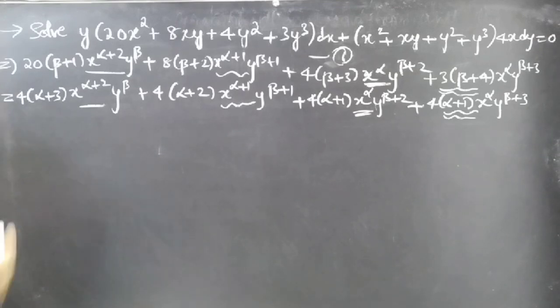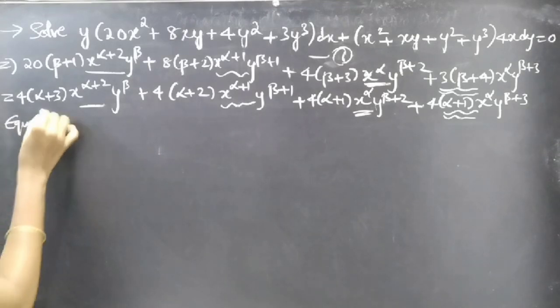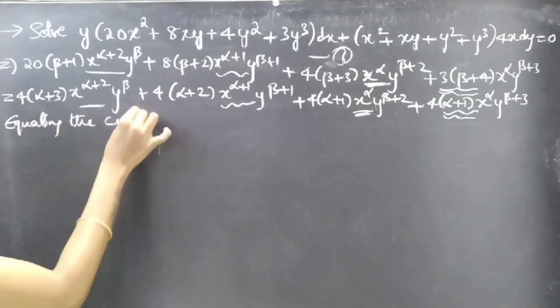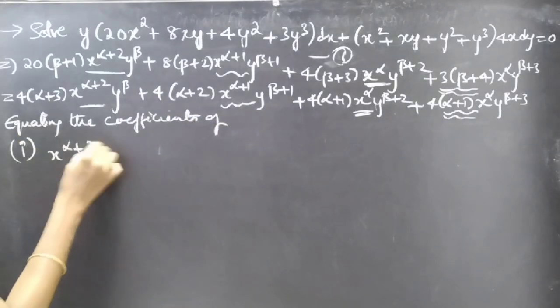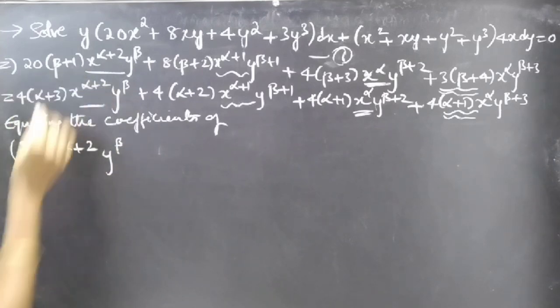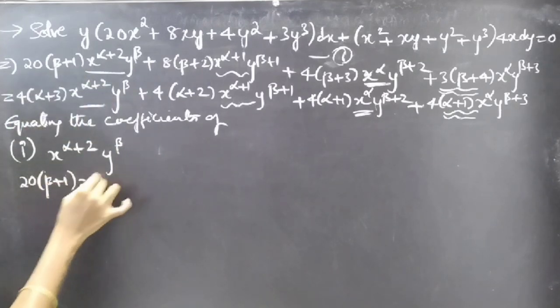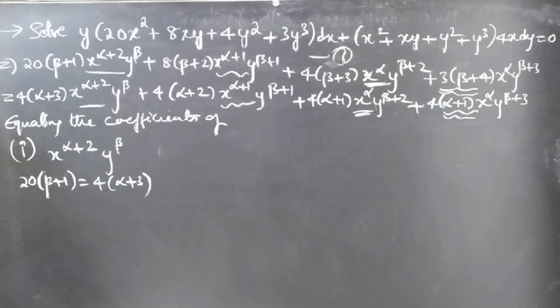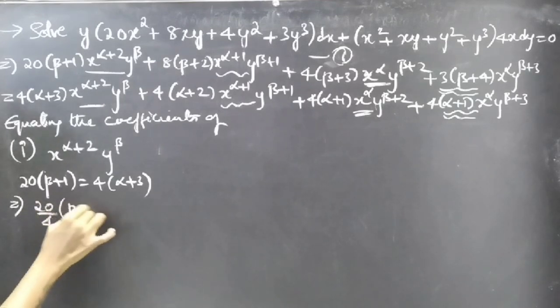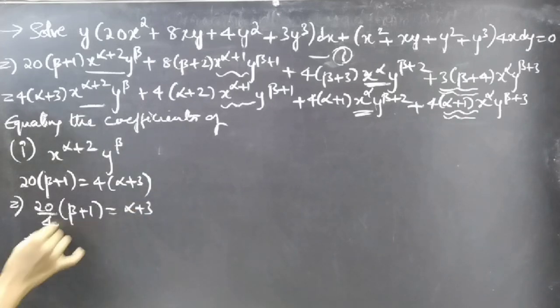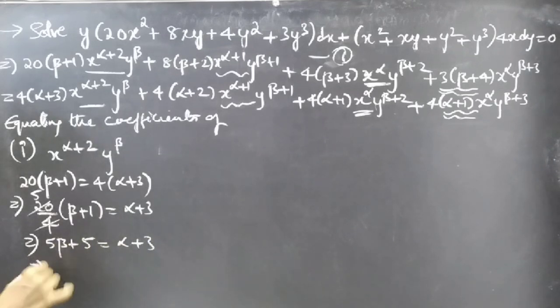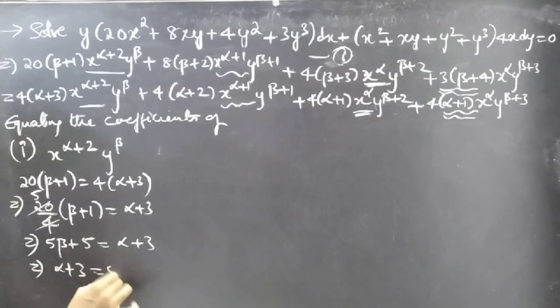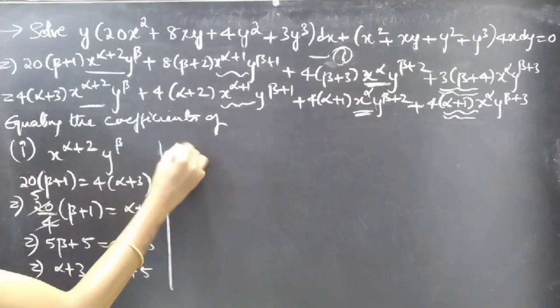Okay, by solving any two of these equations, you'll get the values of alpha and beta. So let's see that. Now I'm just equating the coefficients of x^(alpha+2) y^beta, which gives 20 times (beta+1) equal to 4 times (alpha+3), which gives us 20/4 into (beta+1) equal to alpha+3, which gives 5 beta + 5 equal to alpha + 3, or we can write this as alpha + 3 equal to 5 beta + 5.